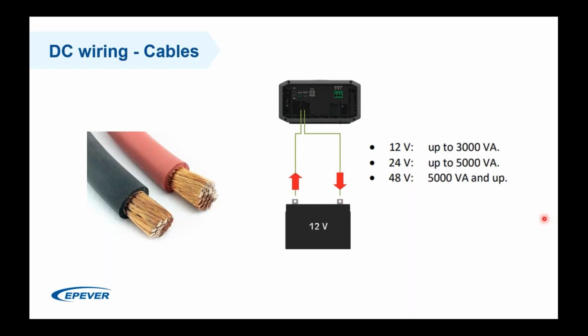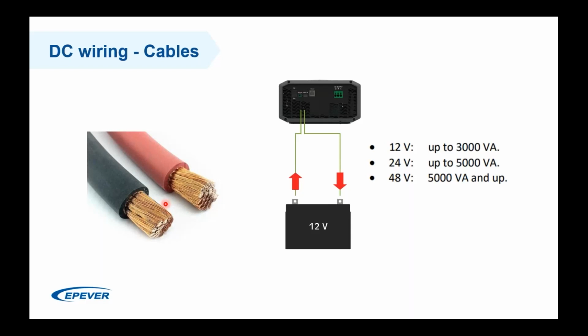And in order to avoid very thick cables, the first thing you should consider is to increase the system voltage. For example, you have a 12-volt system and you calculate your current, and it's a massive amount.